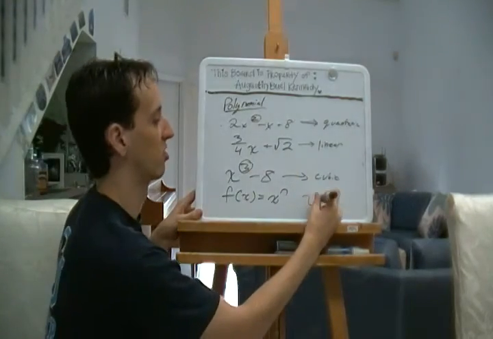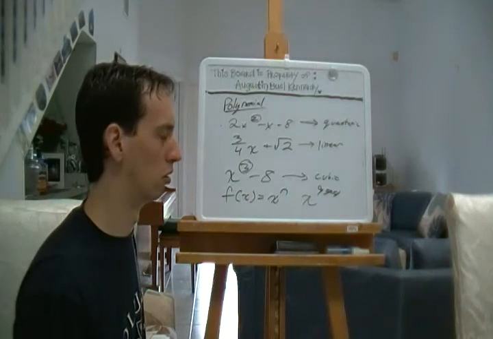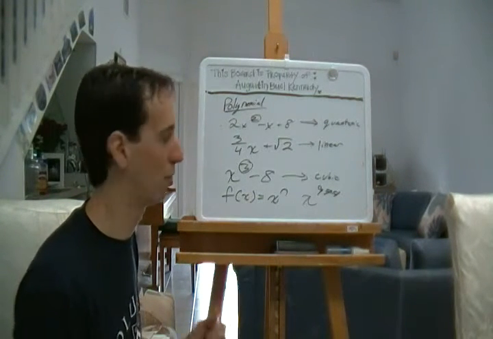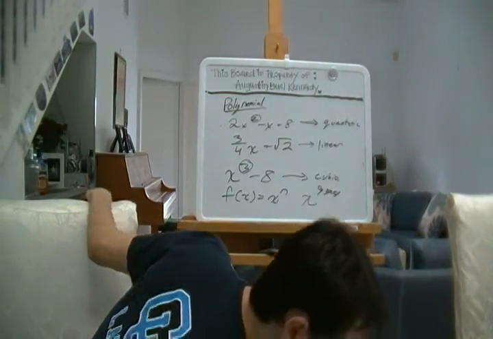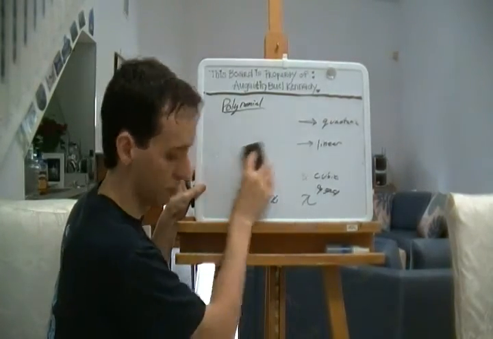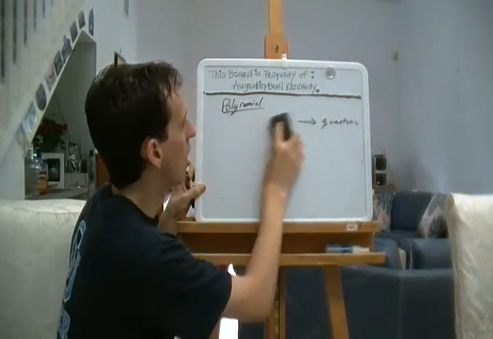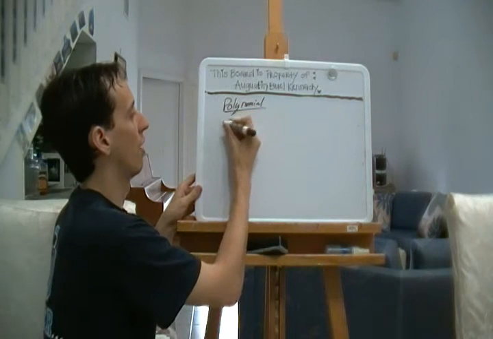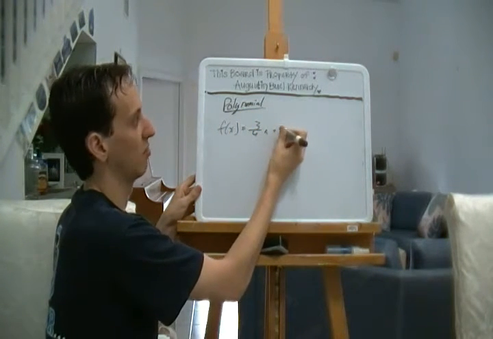So you can have x to the 974th, that's a 974th degree polynomial. That's pretty nasty. Let's see, so those are polynomial functions. And that would be f of x equals any of those things. F of x equals 3/4 x plus 8.